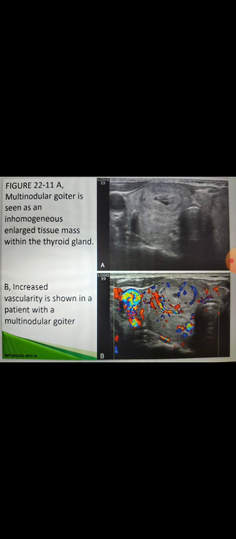This is another slide showing an inhomogeneous enlarged tissue mass within the thyroid gland, and in image B you can see increased vascularity in a patient with multinodular goiter, and there can be calcifications in a nodule as well.